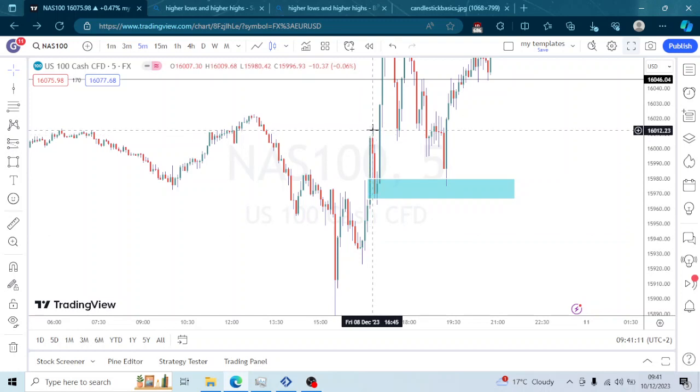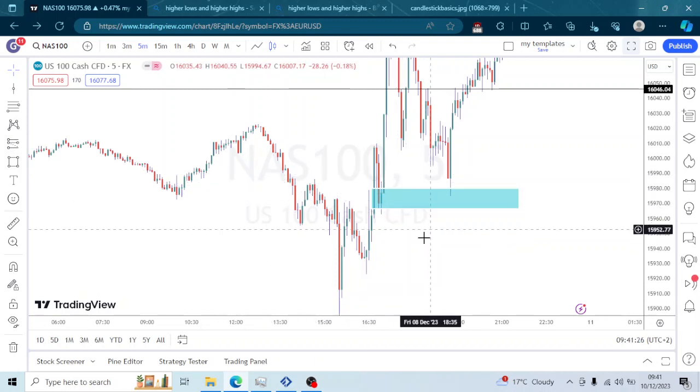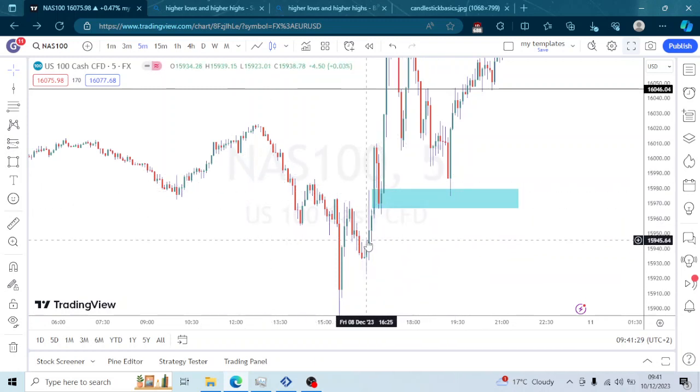That's when the New York Stock Exchange rings the bell. That's when the bell rings at 9:30 in the morning, meaning they are officially starting the session. So the bell rang right here at 4:30 p.m. this side in South Africa.